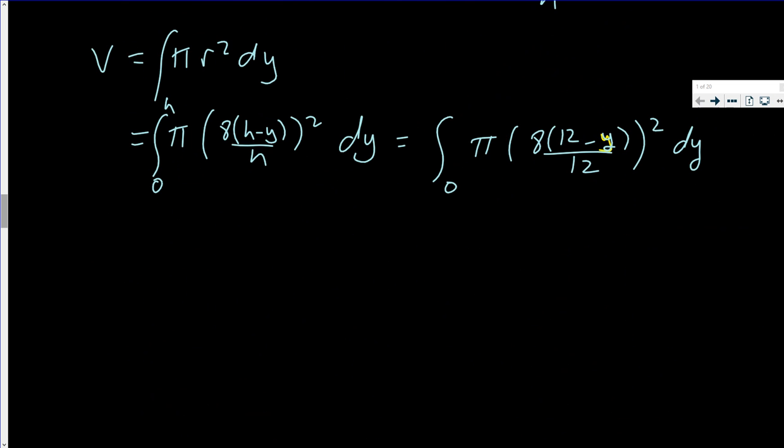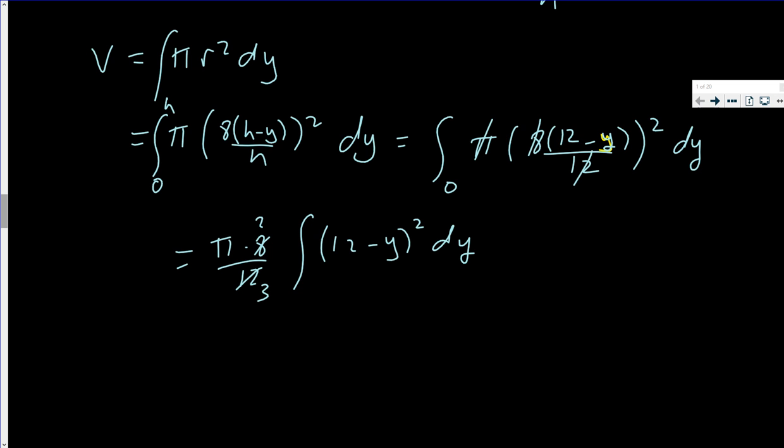Now, what I would do is factor out the constants. Pi times 8 over 12. 4 goes into both of them, 2 and 3 times. So 2 pi over 3 times the integral of 12 minus y quantity squared dy. Now, you can square that out or you can make a substitution.